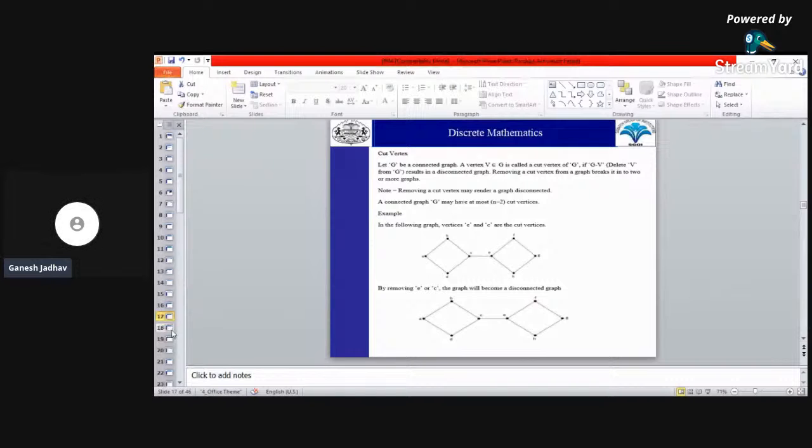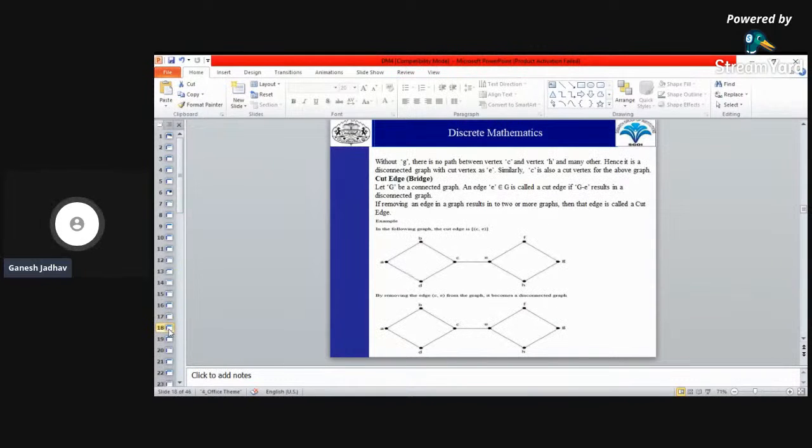Then this is the cut bridge. If removing an edge in the graph results in two or more graphs, then we can say that this is a cut edge. We can also say that this is a bridge. So this is the example.